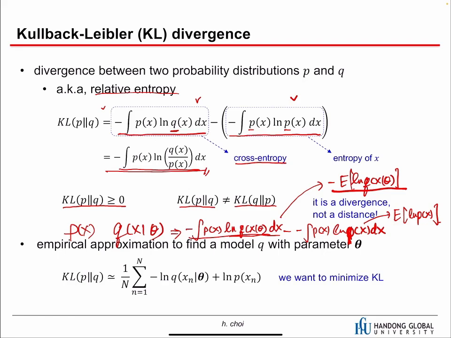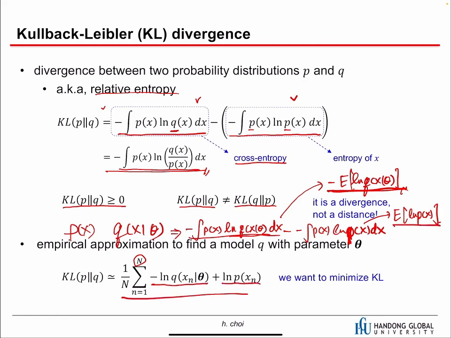Okay, so we have expectations, but we cannot calculate this expectation exactly, so we use the MC approach, Monte Carlo approach. We take a lot of samples, instead of using P of X, to approximate this expectation. We use just n samples, obtain these values, and then take an average.